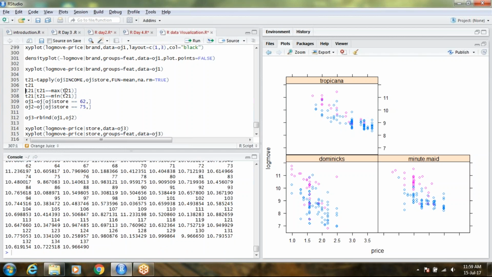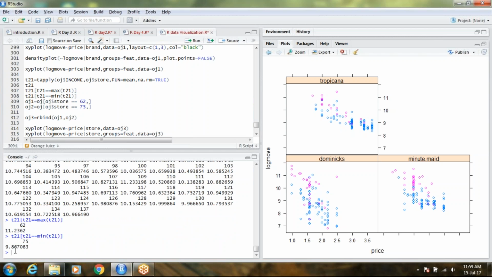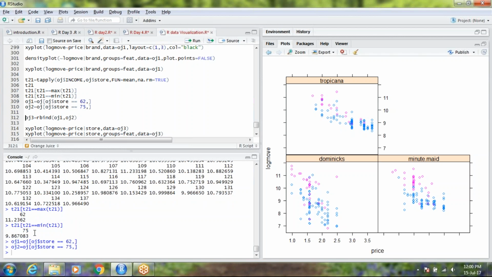Here I am choosing the max one and the min one. The min that I have is 9.86 and the max is 11.23. So 62 is the store number, and 75 is the store number that I have here. Let us filter them out and work with them, and understand how this looks.